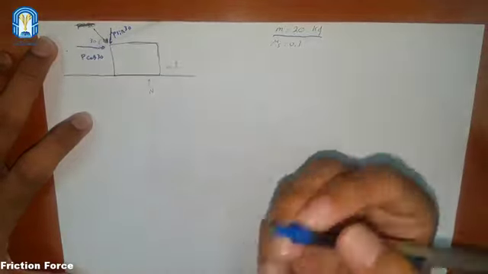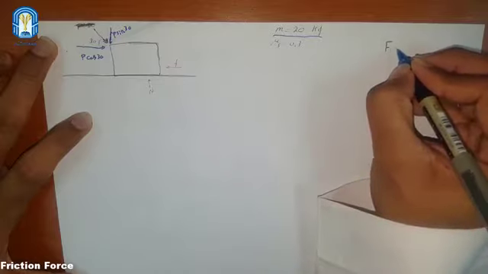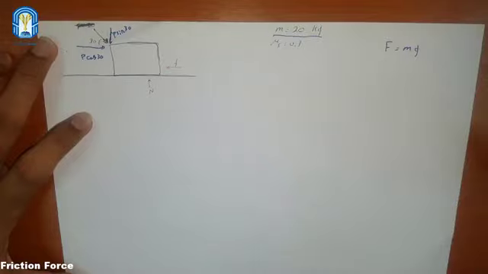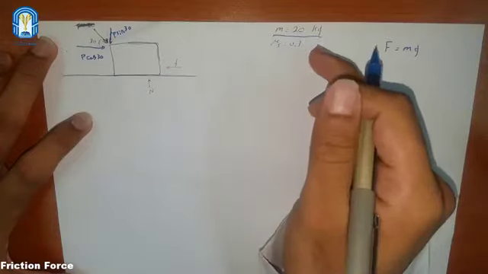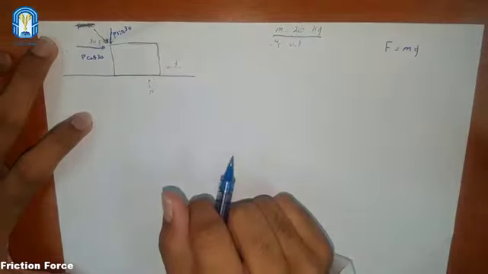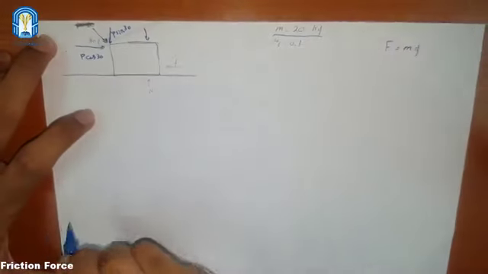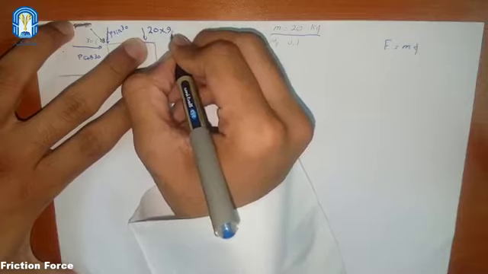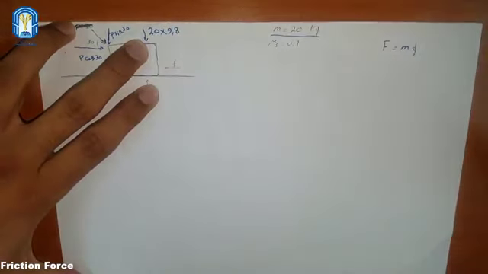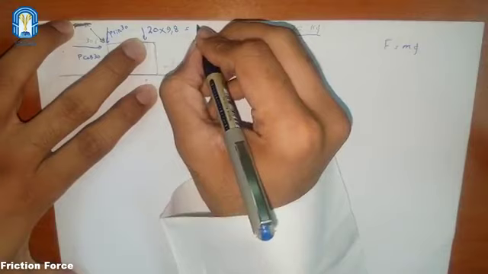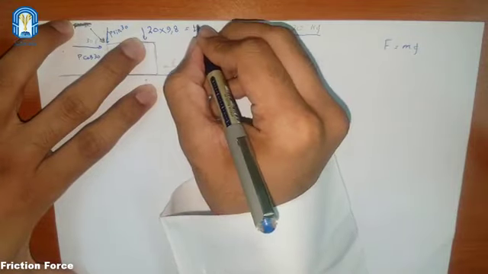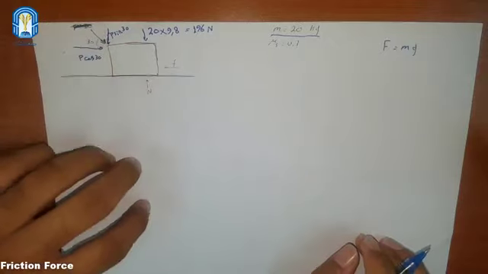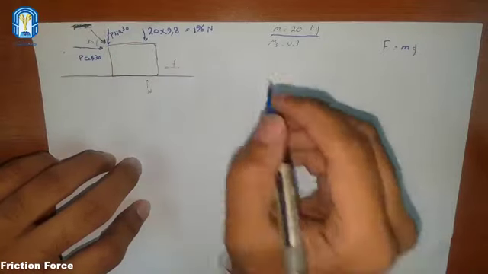Now, what is the law of the weight? It's equal to mg. We remove the 20 and put the weight here. We will say it's 20 multiplied by 9.8, which gives us 196 Newton. Now we're going to start.